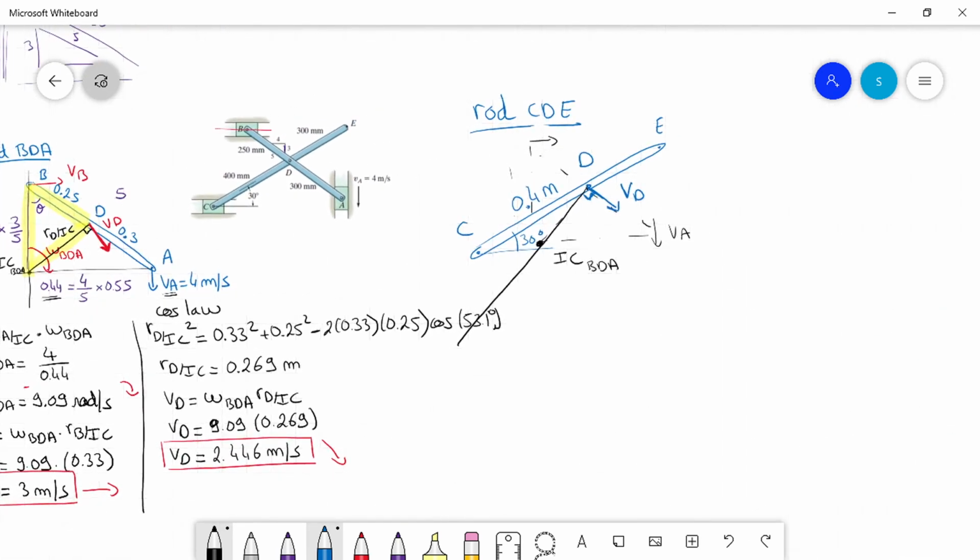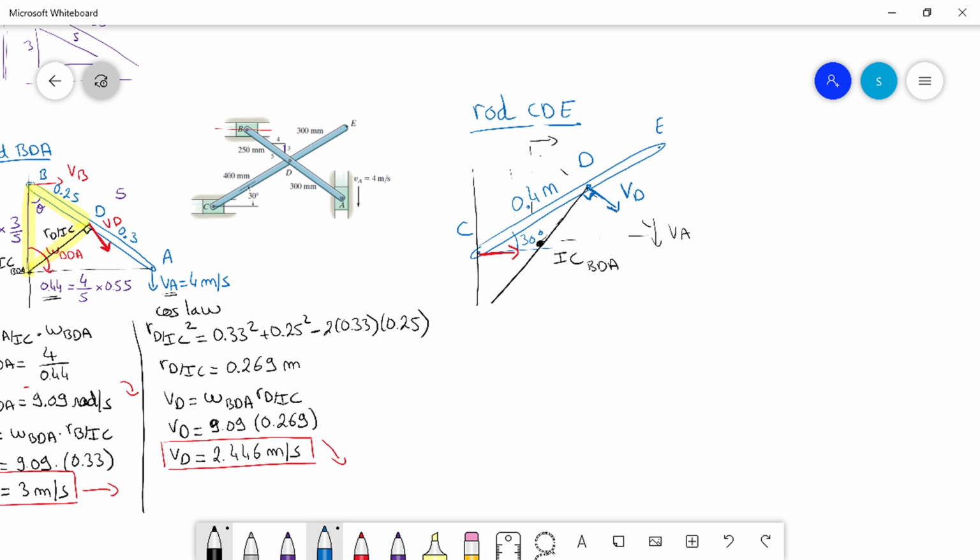If we look at C, VC is necessarily horizontal and it will be to the right. So the IC is somewhere also on this line. Okay, I'm sorry, I will need to remove that.